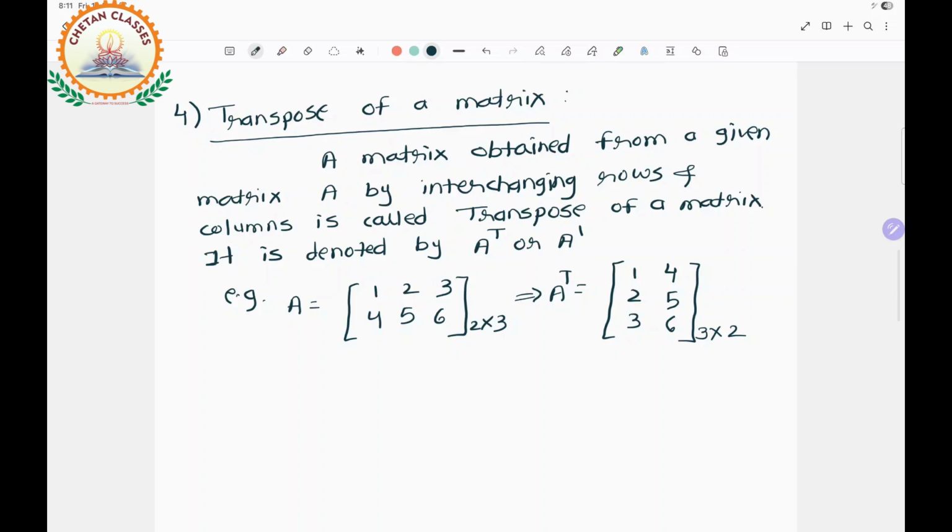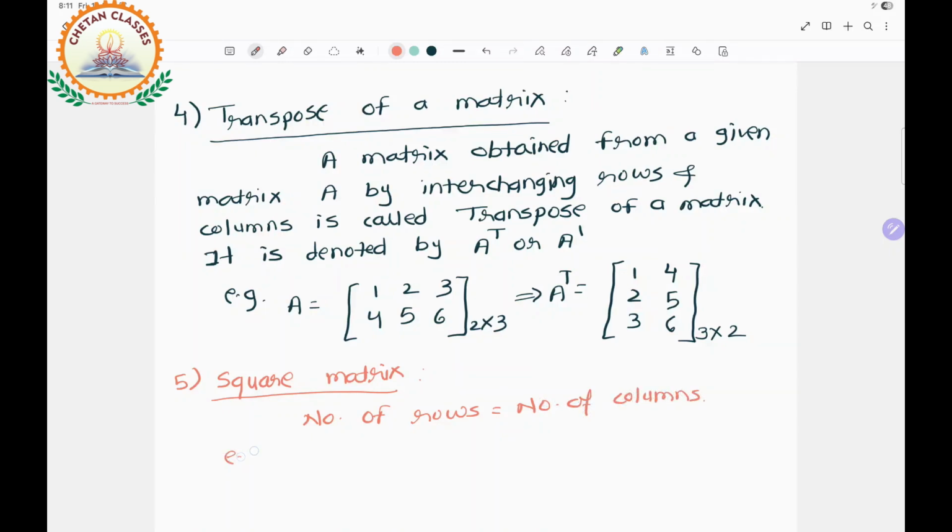Next type is square matrix. Square matrix means number of rows is equal to number of columns in a matrix.